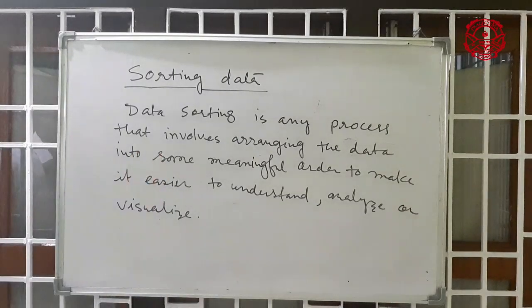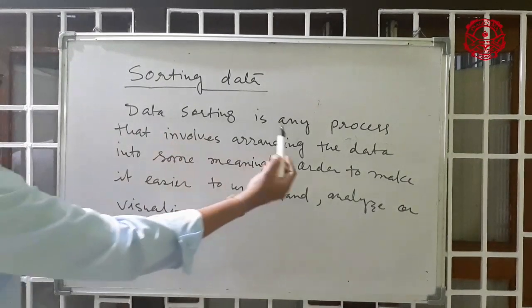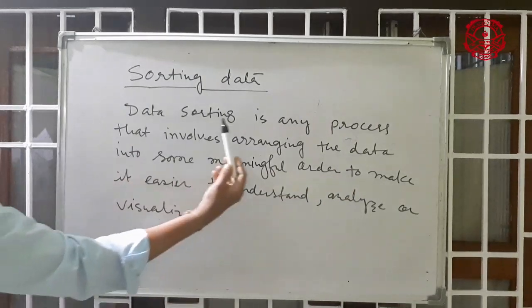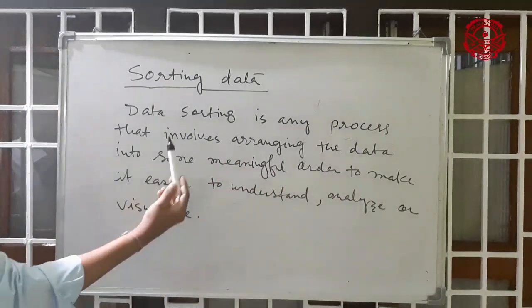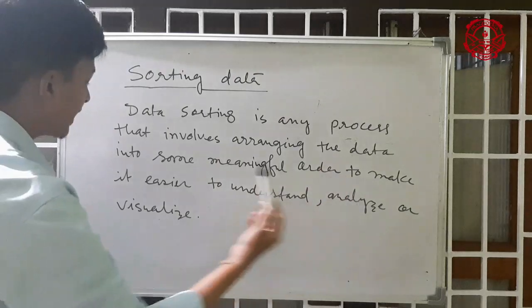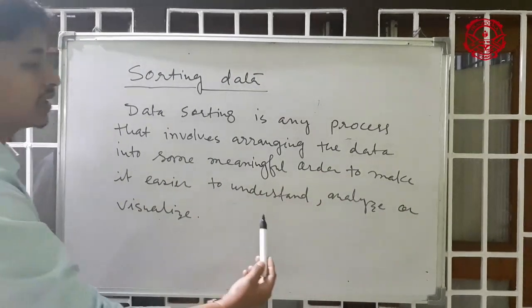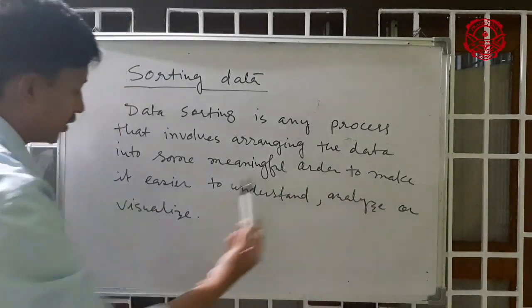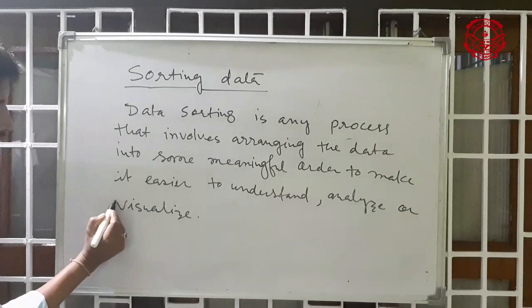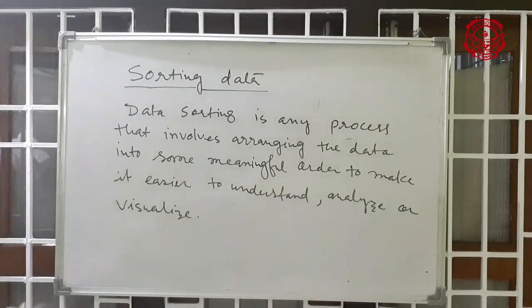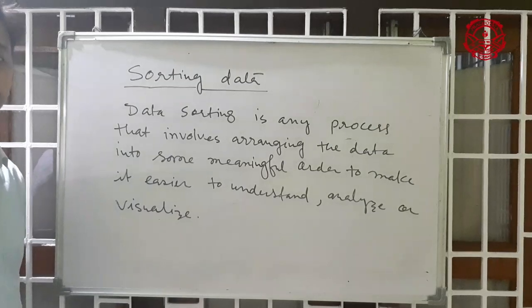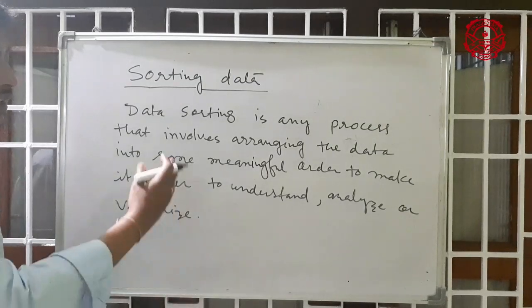You write these things. Data sorting is any process that involves arranging the data into some meaningful order to make it easier to understand, analyze, or visualize. So that is called data sorting. Okay, understand? You can write these things.